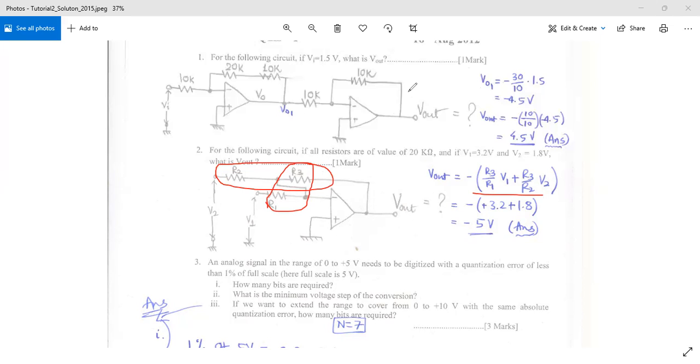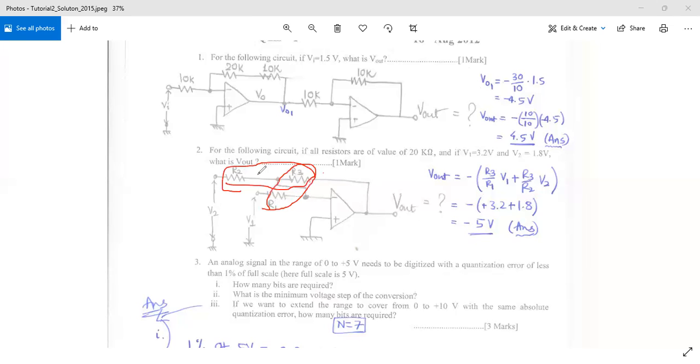If you pay attention, the inverting amplifier over here will have a gain of 1, so whatever voltage we have, 3.2 volt, we have a voltage out due to this inverting amplifier as 3.2 volt. And then due to these two pair of resistors and input voltage of V1, our inverting amplifier will have a voltage output of 1.8 volt, right?